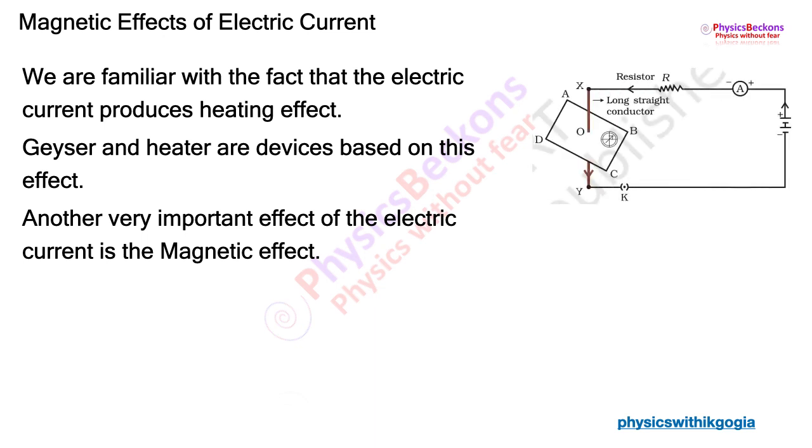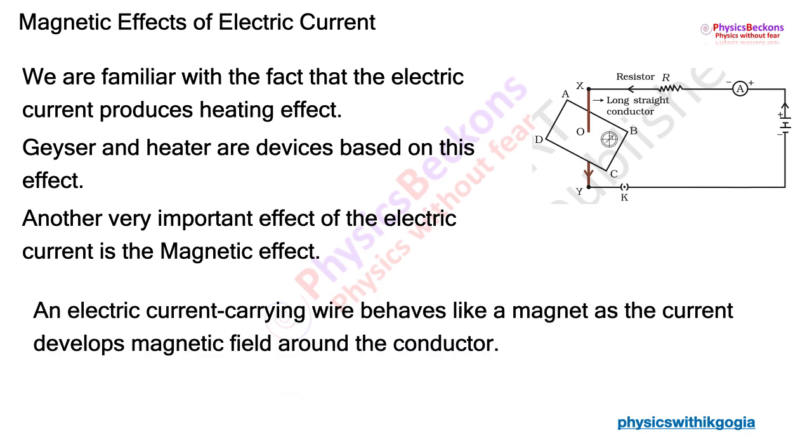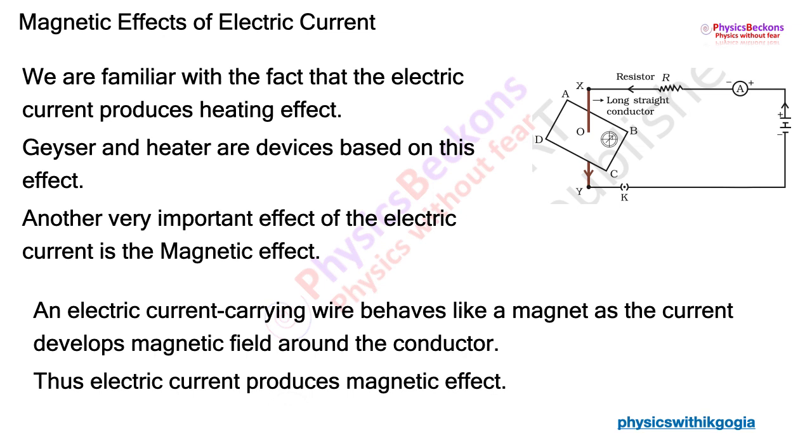Here in this video our focus will be on magnetic effect of electric current. An electric current carrying wire behaves like a magnet as the current develops magnetic field around the conductor. So, electric current produces magnetic effect.